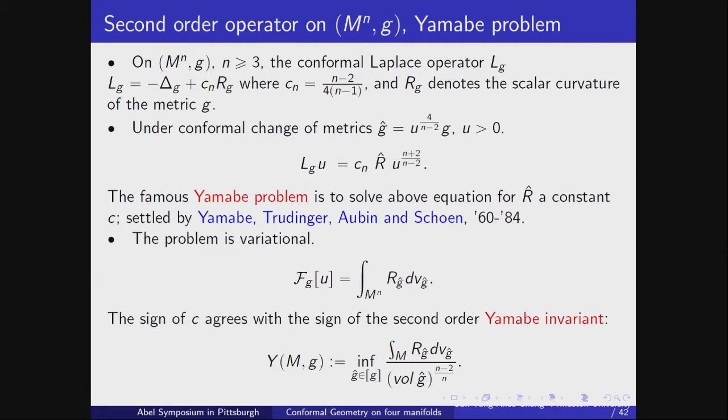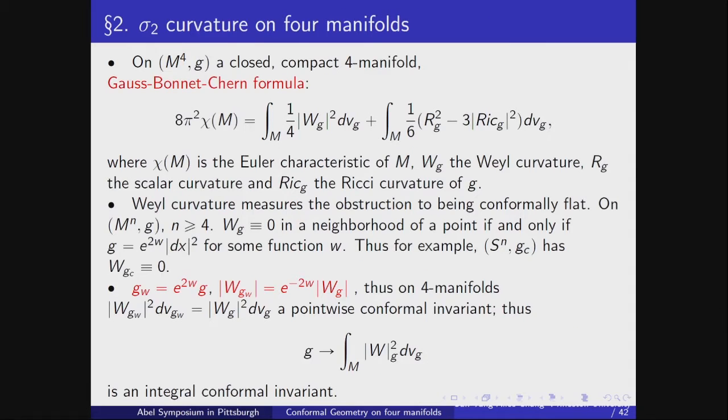For that, the role played by the Gaussian curvature is replaced by an invariant quantity called the Yamabe invariant. The Yamabe invariant is just this integration with normalized volume, and you take the infimum over the conformal class. So this is an invariant depending only on the conformal class of the metric. Okay, and that is the extensive study of the Yamabe problem.